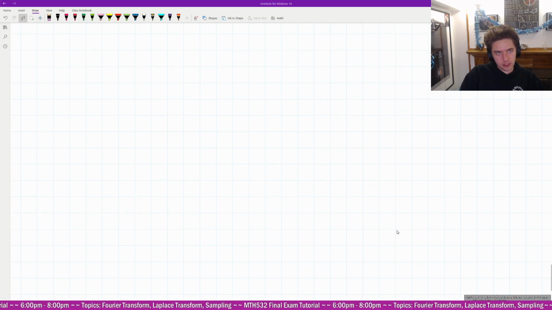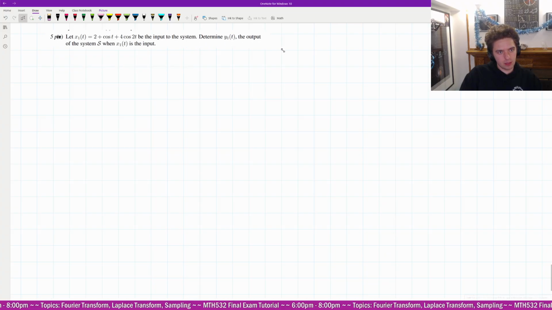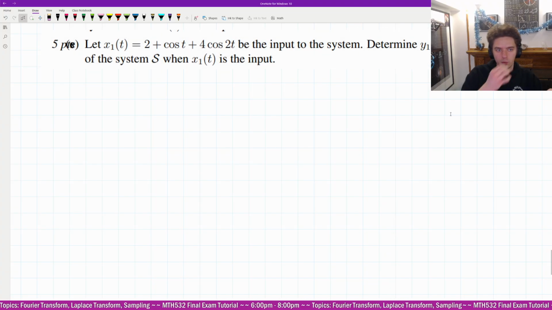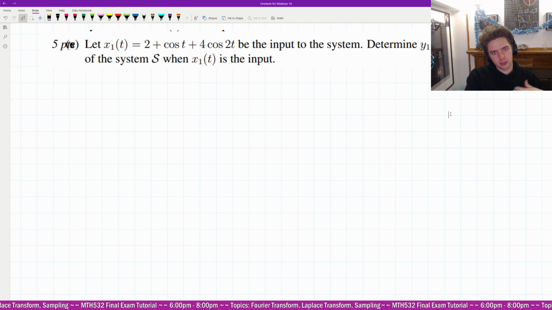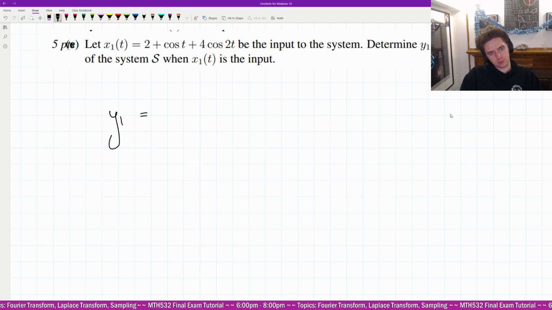So the next one is the same question, but this time we have x1 is this function, 2 plus cos t, 4 plus cos 2t, determine y1. So again, we know that y1 is going to be equal to x1 of t, involved with h of t.